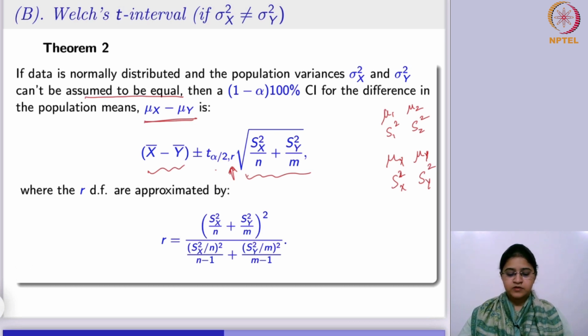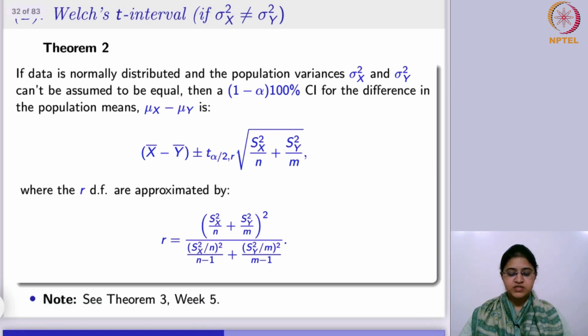Now the degrees of freedom would be approximately this. If you recall, we used this result earlier in week 5. Basically it was theorem 3 in the 5th week. There, instead of r, we wrote beta hat.